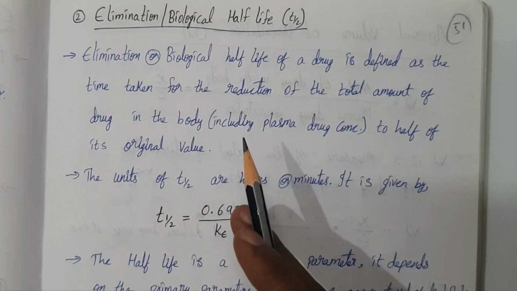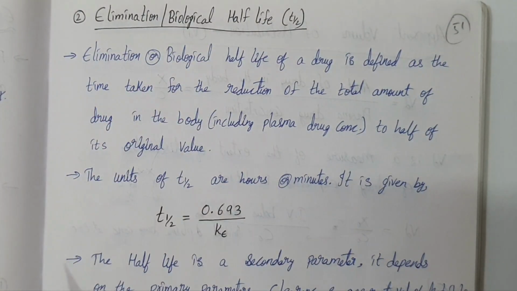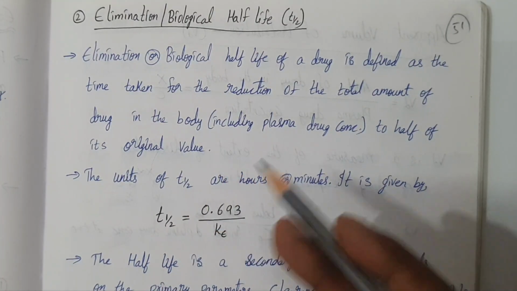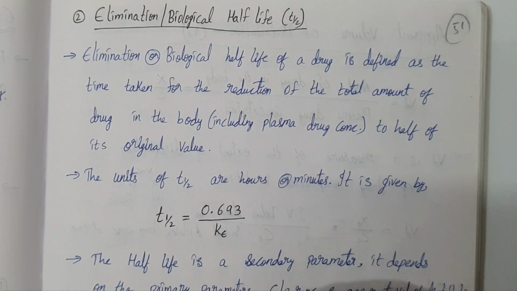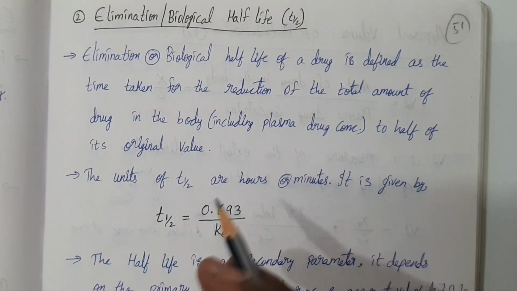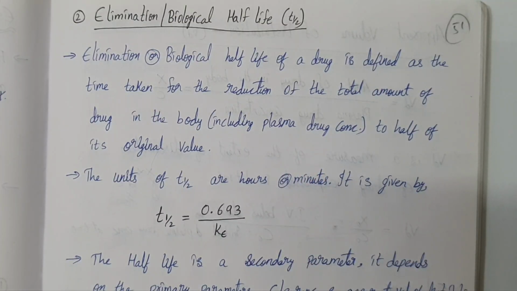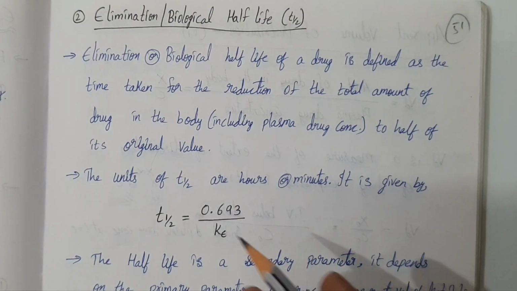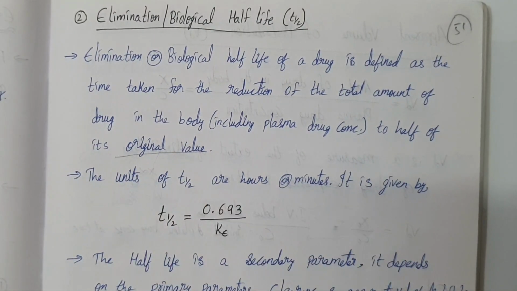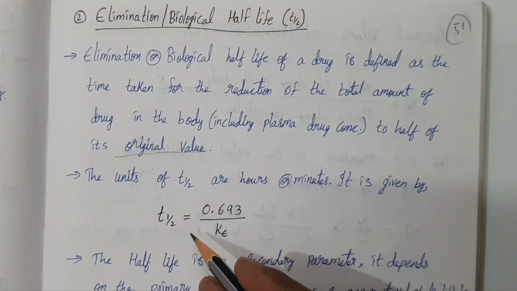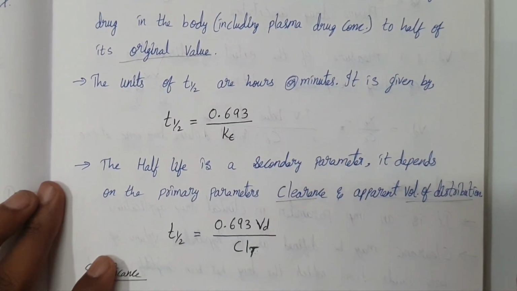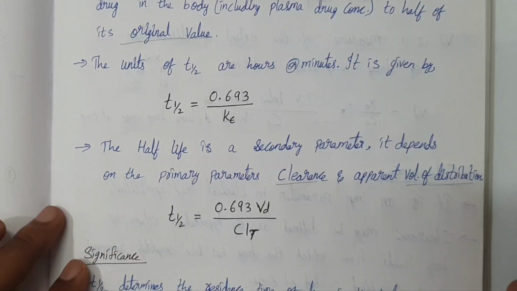The biological half-life or elimination half-life is the time it takes for the plasma concentration to fall to half of its initial or original value. It is calculated by t half equals 0.693 divided by kE.